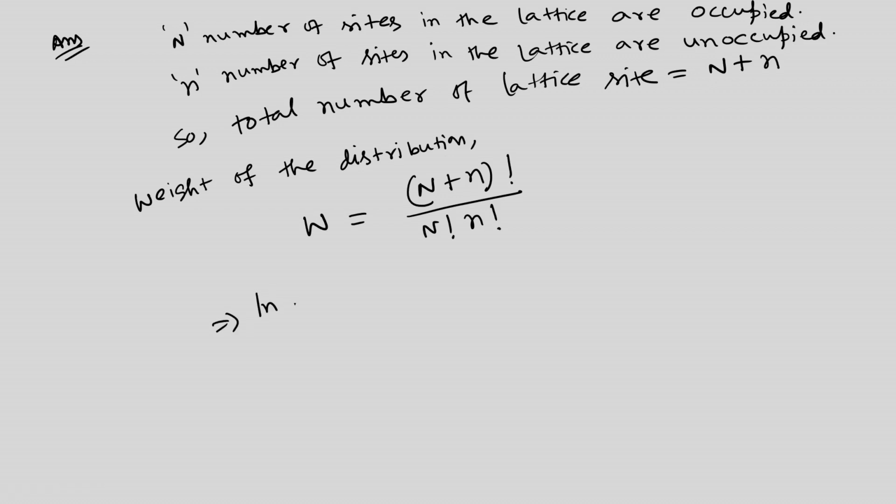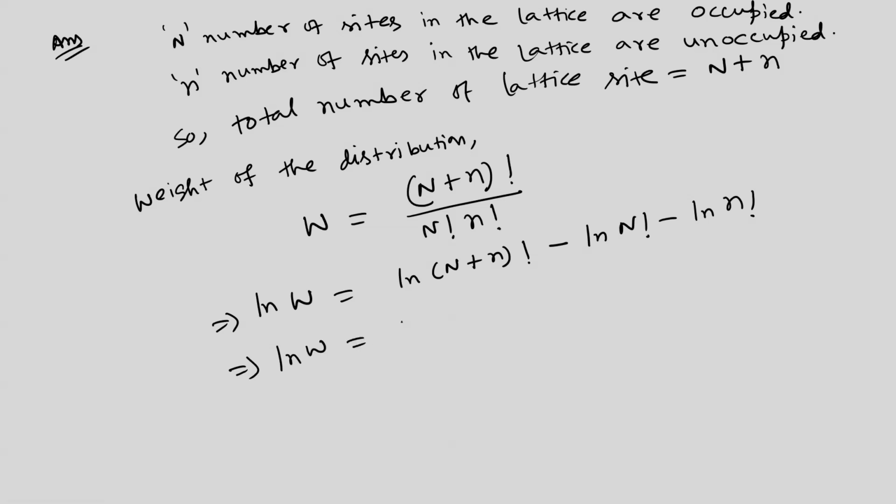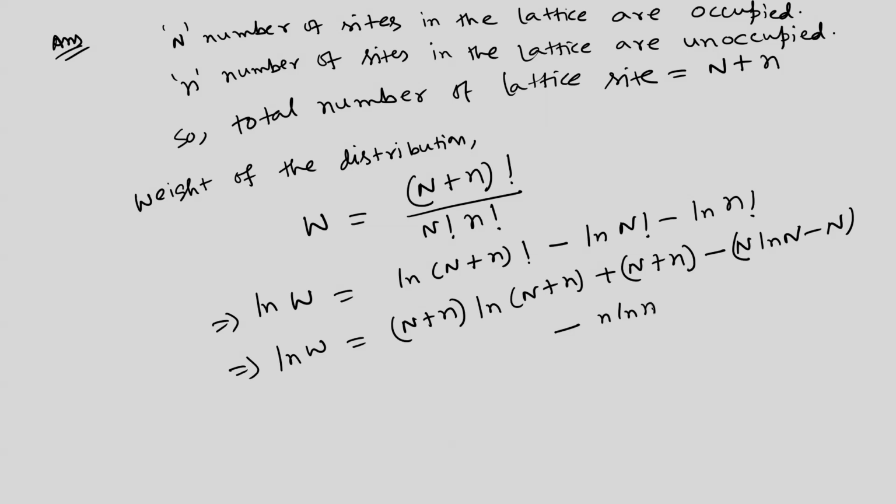So, we get ln W is ln (N plus n) factorial minus ln N factorial minus ln n factorial, or you can write ln W is (N plus n) ln (N plus n) minus (N plus n), minus N ln N plus N, and then minus n ln n plus n.